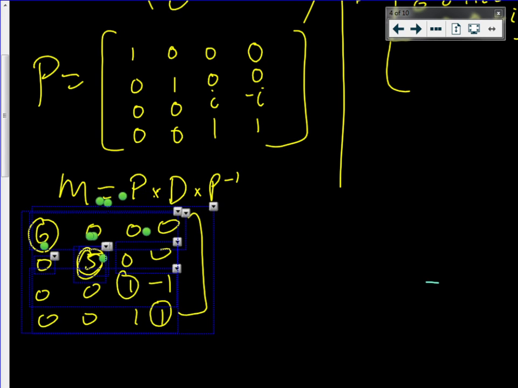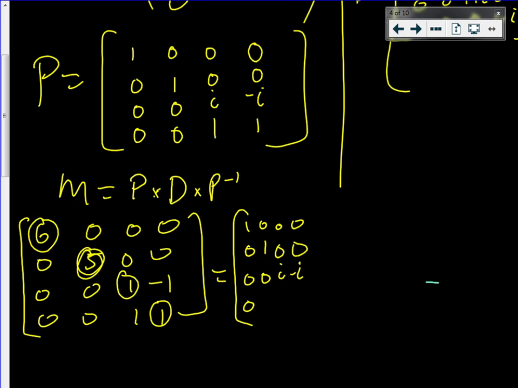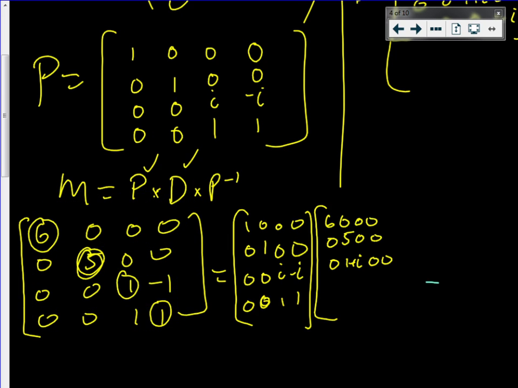So, matrix M is equal to matrix P, 1 0 0 0 0 1 0 0 0 0 i negative i 0 0 1 1, times D, which is 6, and then 5, and then 1 plus i, and then 1 minus i on the diagonal with zeros elsewhere, and this mess gets multiplied by P inverse.